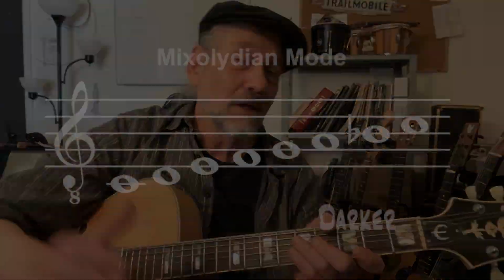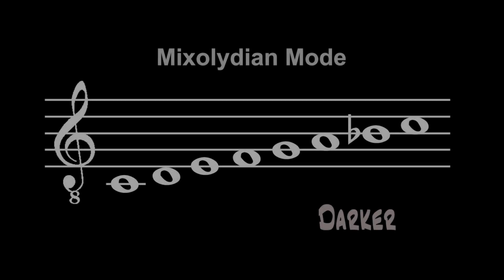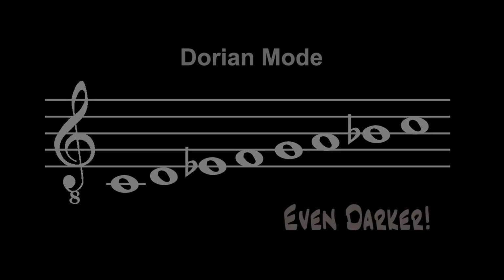If we lower the seventh degree and the third degree of the scale, we're going to make it darker still. So instead of C, D, E, F, G, A, B flat, C, we'll have C, D, E flat, F, G, A, B flat, C. That's Dorian mode. And if we start that mode on C, then we are playing the second mode of the key of B flat.